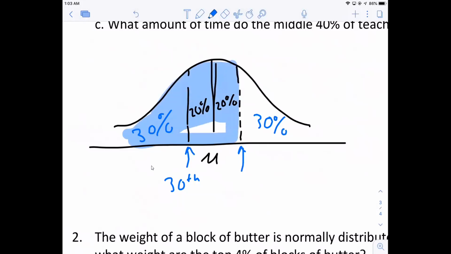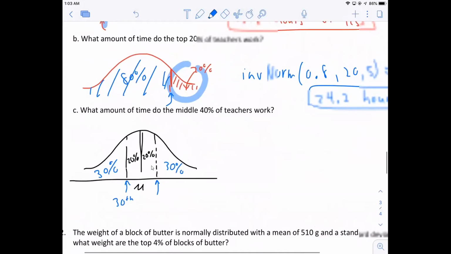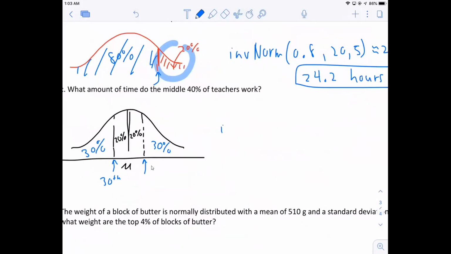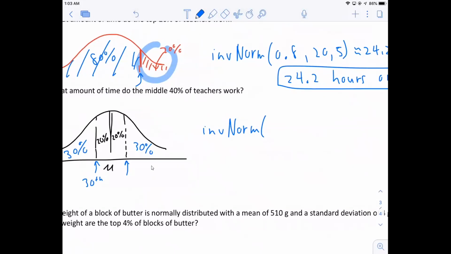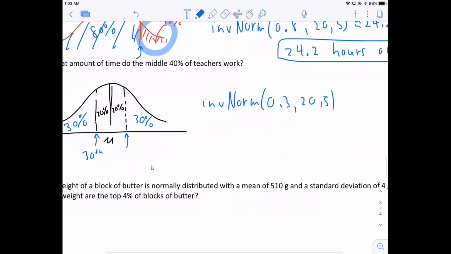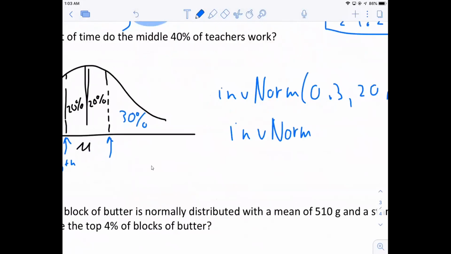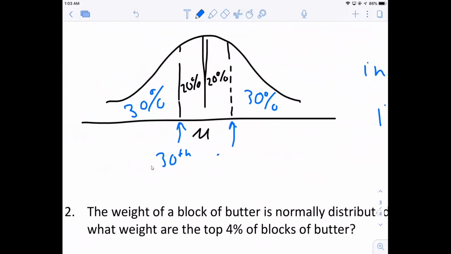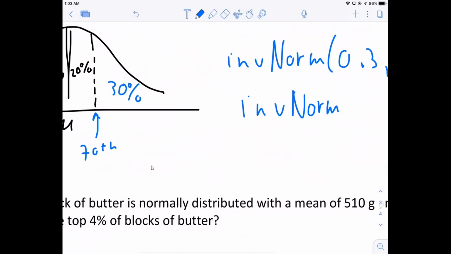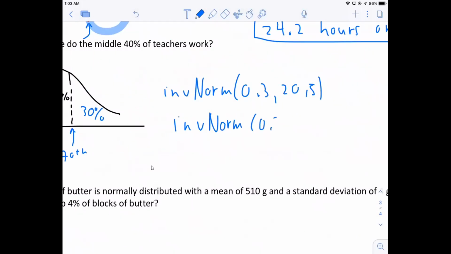So we need to do 2 inverse normal calculations to get that middle 40% here. So this would be an inverse norm of 0.3, comma 20, comma 5. And to get the upper bound, that's 30 plus 40, the 70th percentile. So do an inverse norm of 0.7, comma 20, comma 5.